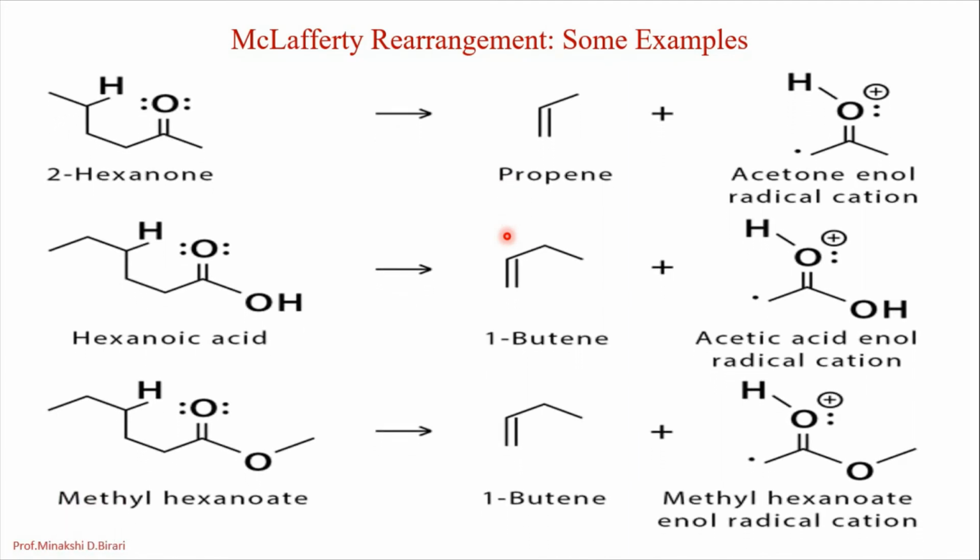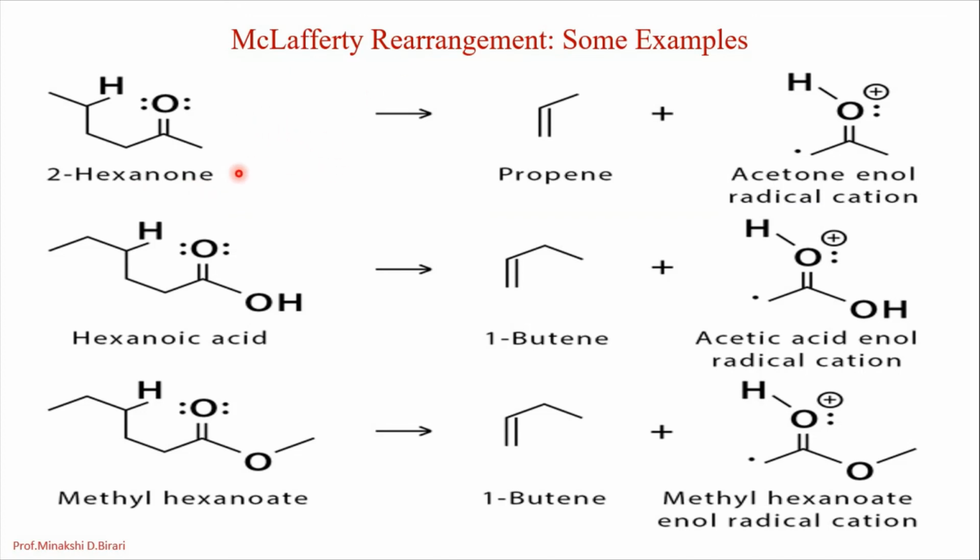Again, let us see a few examples of McLafferty rearrangement. The first example is 2-hexanone. Pi electrons are present, a heteroatom is also there, and a gamma hydrogen is present. So such a molecule can undergo McLafferty rearrangement. First of all, there is a formation of a radical cation.